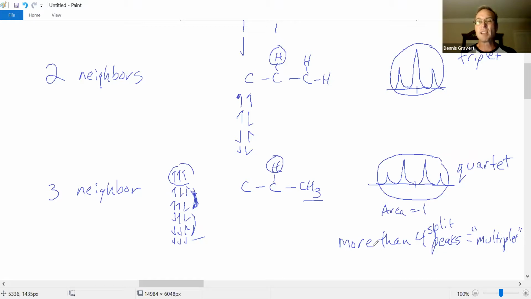And it turns out that as you split more and more, there's a chance that these peaks will be blending into the background. Unfortunately, the background is not perfectly flat. It's sometimes a little noisy. And so this peak might be difficult to tell apart from some of the noise peaks. So anyways, once you get beyond 4, let's just call it a multiplet and just know that there's a lot of neighbors.